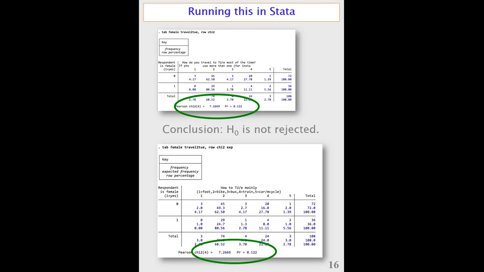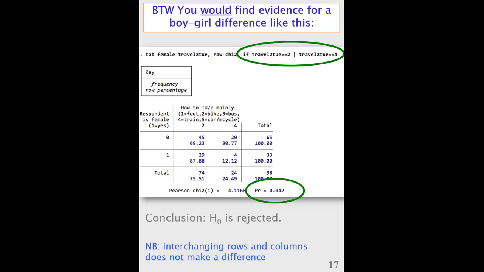And that's easily possible through the same syntax by adding an if command behind the tab. All this is the same thing. Tab female travel to TUE, row chi-squared, and then you add if travel to TUE equal to 2, where we once again need the double equal sign for "equal to". This is an or you have over there, and then travel to TUE double equal 4, and then you only get the two columns, bike versus train.